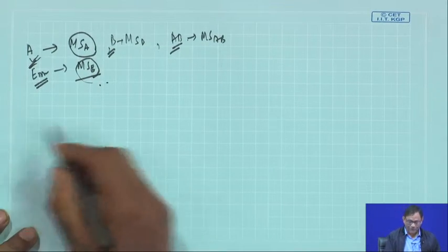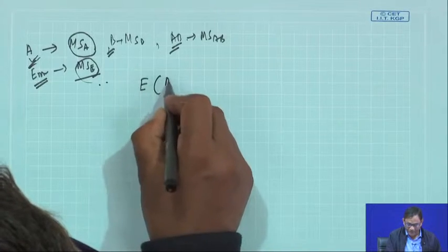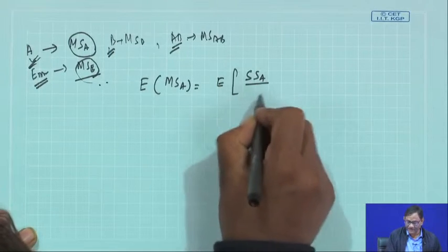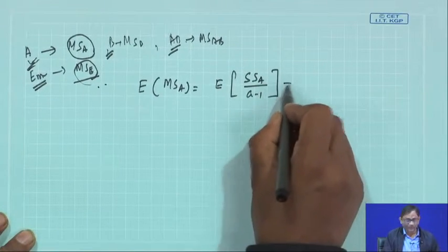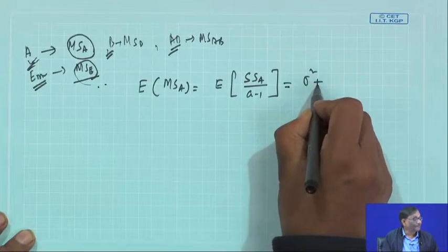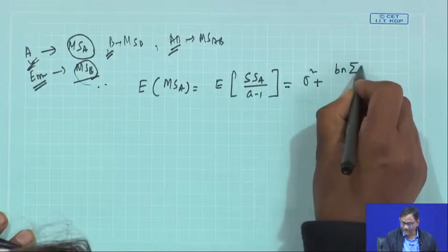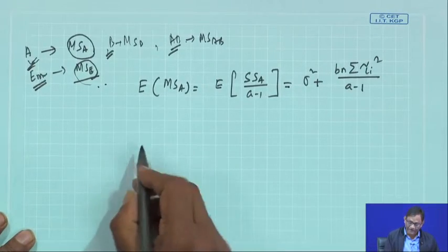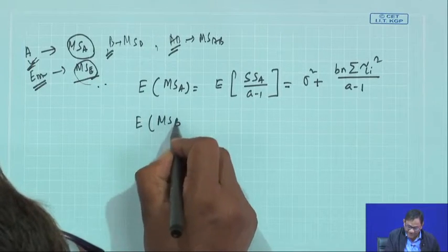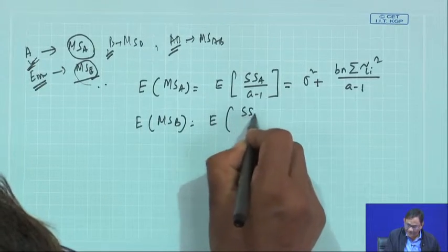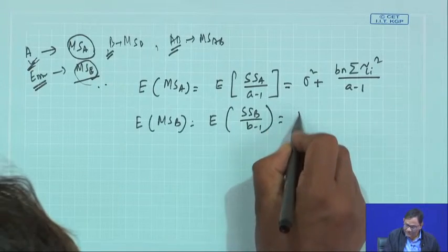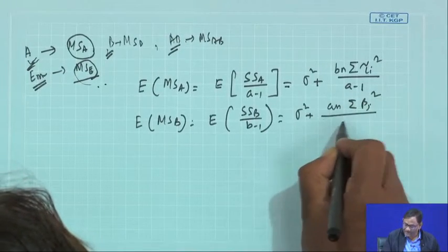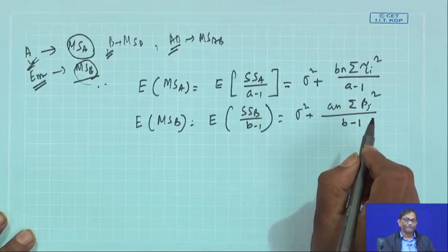It should be something more. As a result, the expected value of MSA, which is the expected value of SSA by a minus 1, becomes sigma square plus bn sum of tau i square divided by a minus 1. Similarly, the expected value of MSB, the expected value of SSB by b minus 1, becomes sigma square plus an sum of beta j square divided by b minus 1.